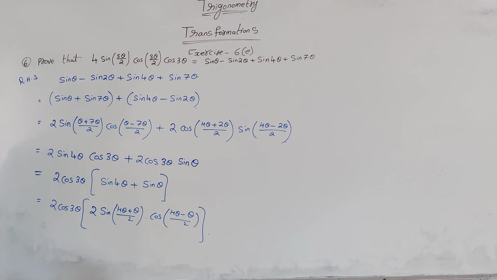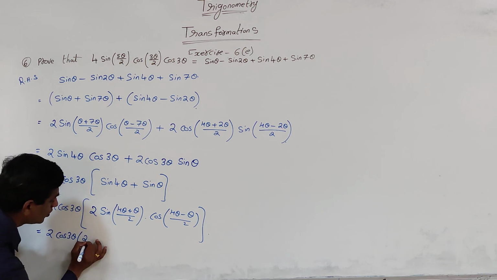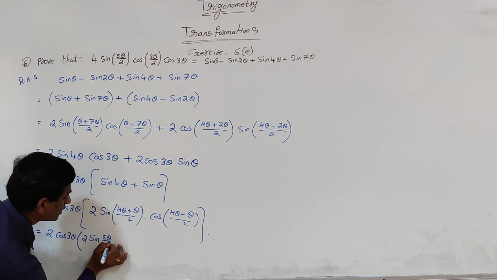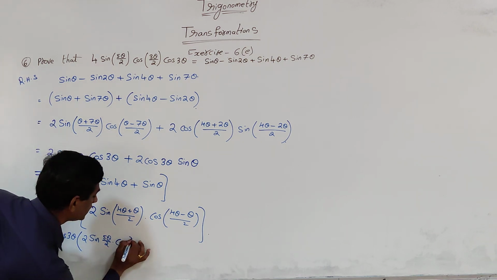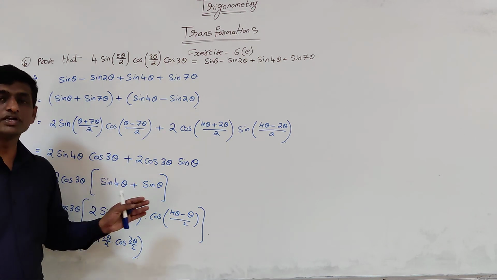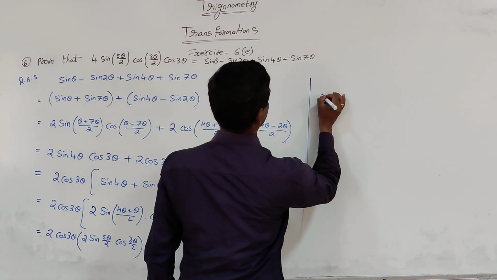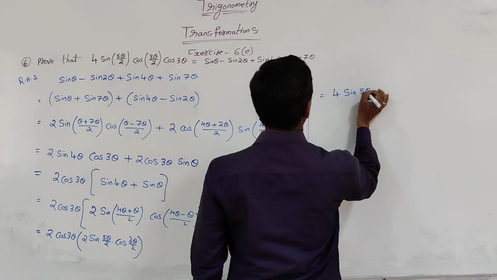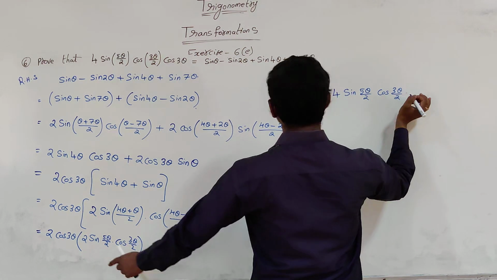If we simplify, it will be 2 cos 3 theta into 2 sin 5 theta by 2 into cos 3 theta by 2. Means the entire sum we have converted into product. 2 twos are 4, so 4 sin 5 theta by 2 cos 3 theta by 2 into cos 3 theta.